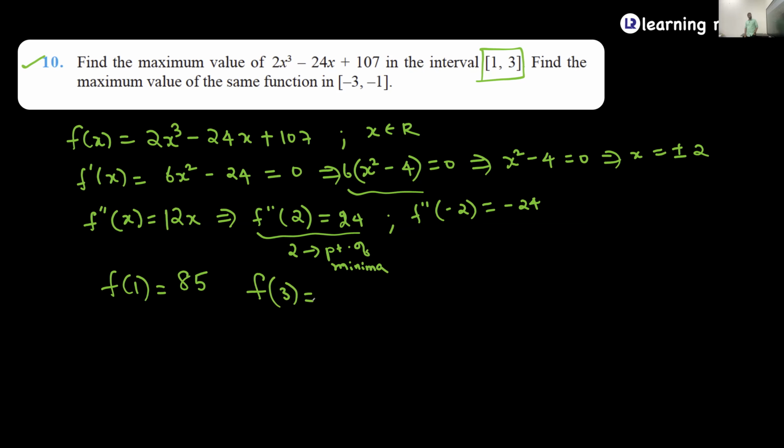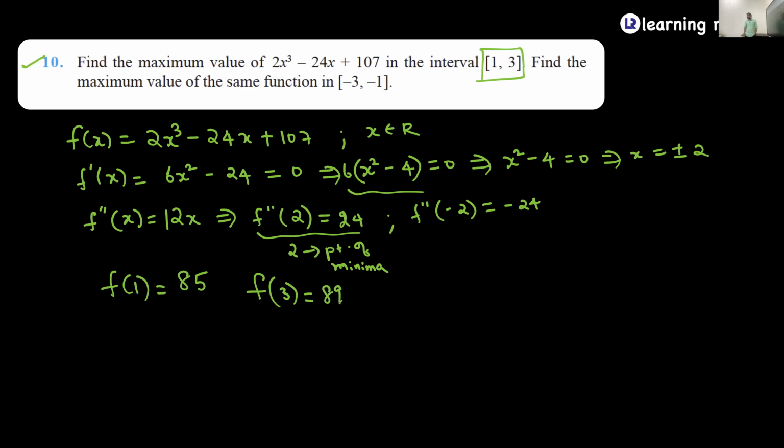So 27 into 2, 54. 54 minus 24 into 3 is 72. So 54 minus 72, minus 18. So 107 minus 18, 89. So f of 3 is 89. So f of 1 is 85, f of 3 is 89.